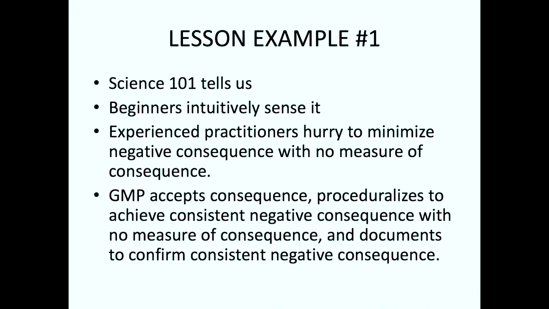They try to minimize those negative consequences regardless of what they are. They don't know what they are yet, but they intuitively know they're not good, and they hurry to minimize the consequence. And in GMP, and I'm going to say this a little cynically, GMP accepts the consequence, proceduralizes to achieve consistent negative consequence with no measure of consequence, and documents to confirm consistent negative consequence.